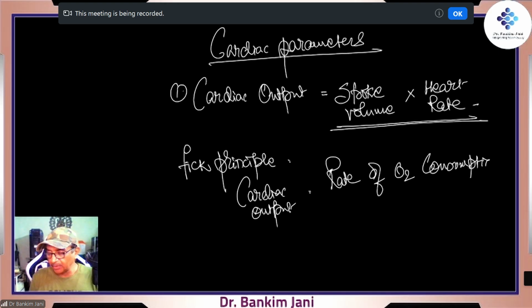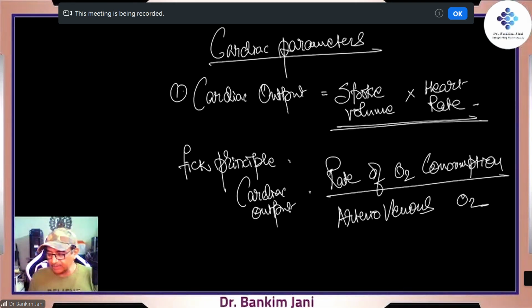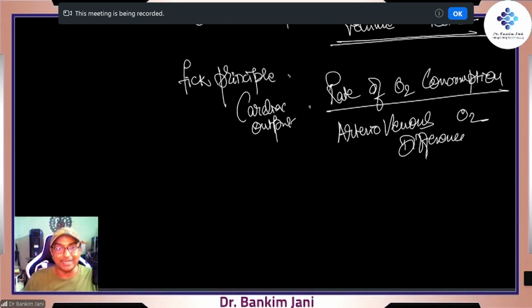We talked about the rate of oxygen consumption upon arteriovenous oxygen difference. We utilized this thing very effectively when we were talking about the exercise, right? So those who have missed it, let's clarify it in a much better way.